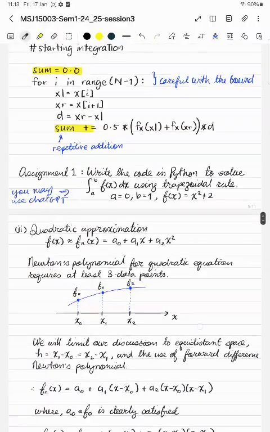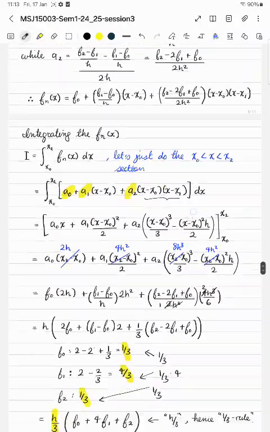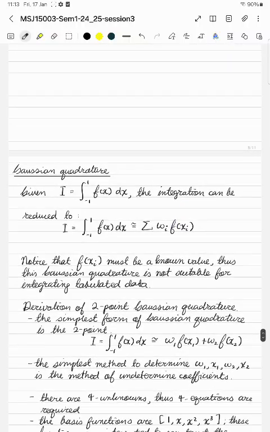Now, next up in numerical integration, we have the Gaussian quadrature. Gaussian quadrature is a very unique and very powerful numerical method, because instead of using an analytical solution where you have to do the integration by hand, you can solve it numerically and still get the exact solution of the integral. This is the main feature of Gaussian quadrature.